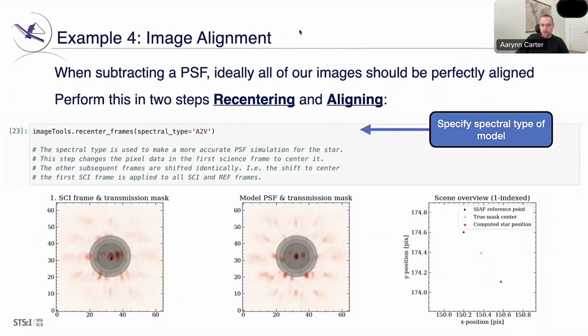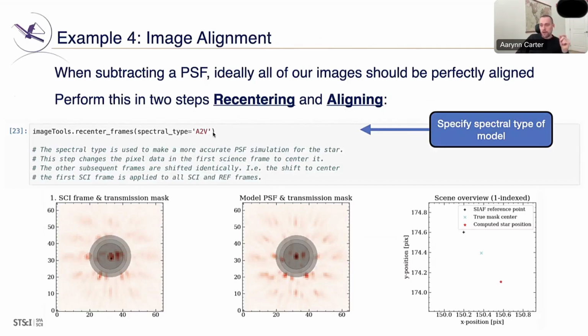And then the final example I'll give is recentering and alignment. This is really important for coronagraphy because it can improve your contrast and improve your ability to detect companions. So we do this in 2 steps at the moment. We do recentering and aligning. The goal of the recentering frame is to find out where the star is in the image.